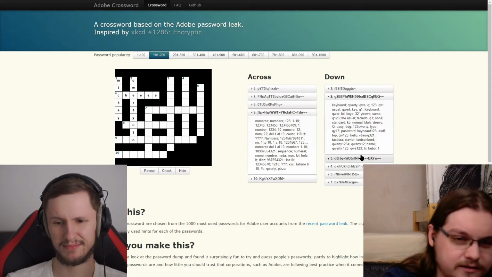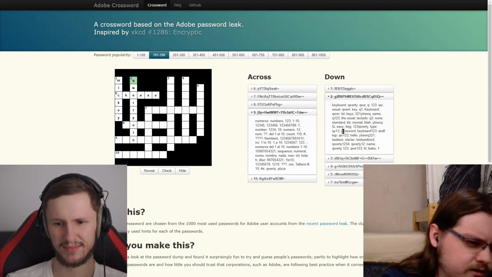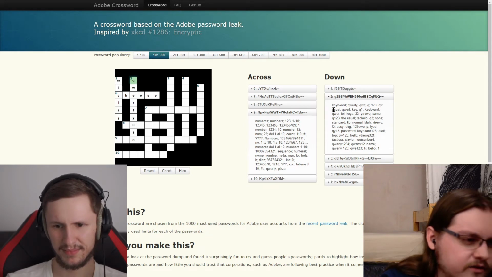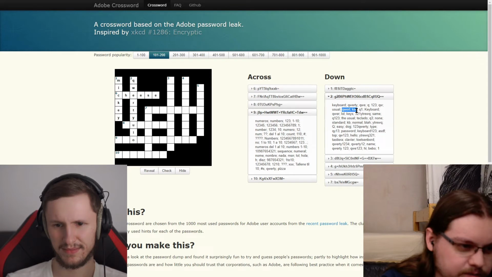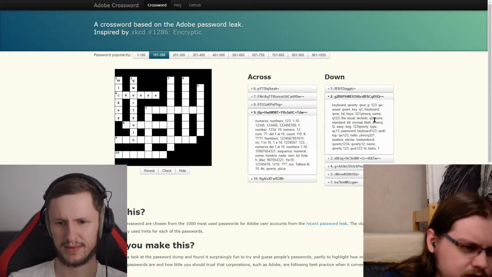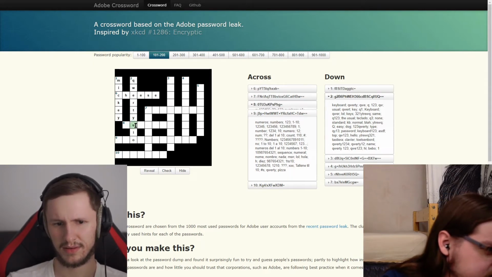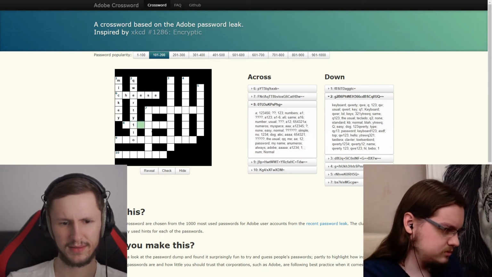I don't think they allow that. Obviously, sometimes you have the start of the answer. This keyboard is in here. Q3. Is it maybe QWERTY 1 to 3? Probably.